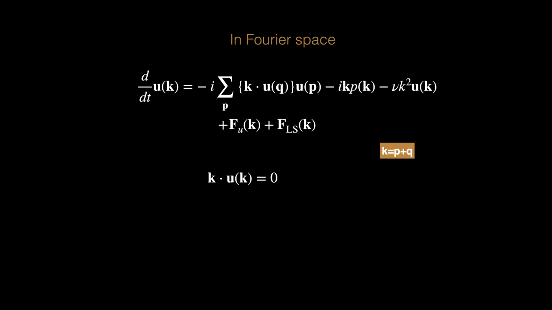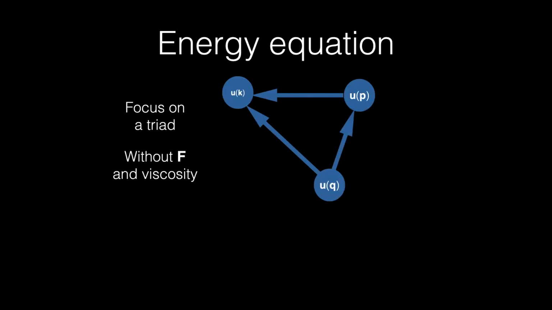Of course, we force this flow at a large scale. This is important to keep in mind. In a pipe flow, we have a pressure gradient at large scale. So the energy supplied at large scale by this force, F_LS, goes to intermediate and small scales. So there is energy transfer, and there is an energy transfer formula which I'm going to use.